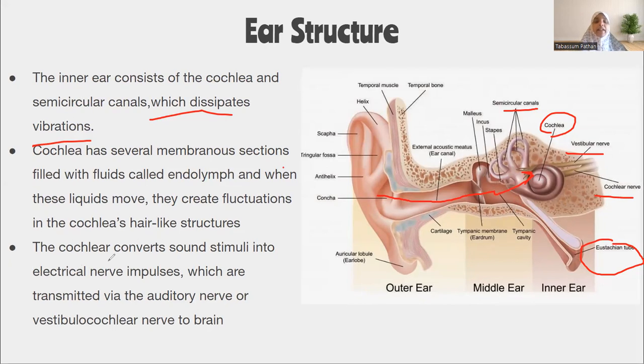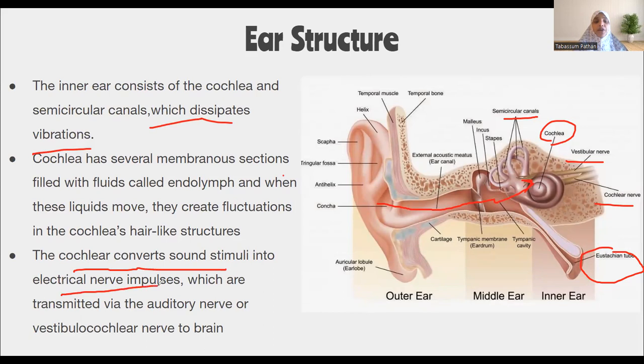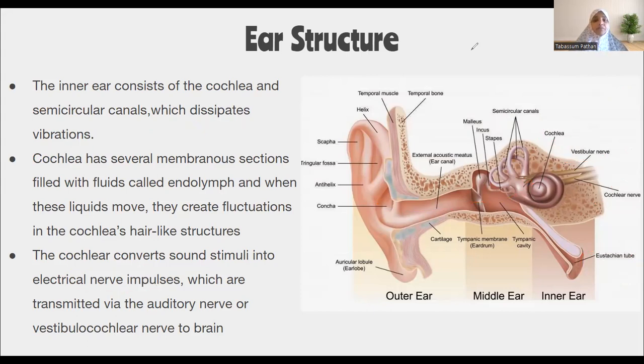This electrical nerve impulse is then transmitted via the auditory nerve, or the vestibular cochlear nerve, to the brain. From this nerve it will reach your brain, and the region of the brain responsible for auditory functions will carry out its function.